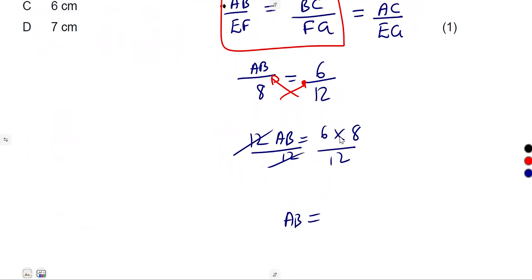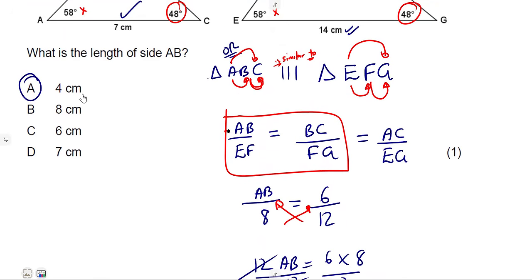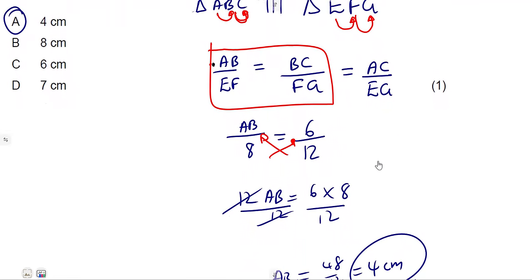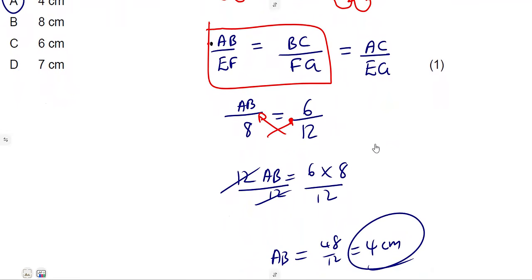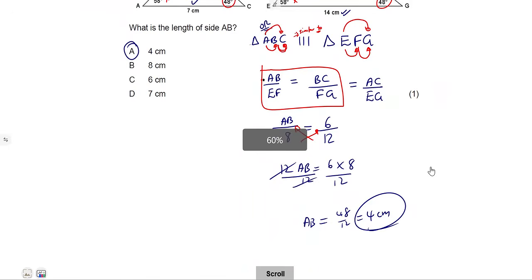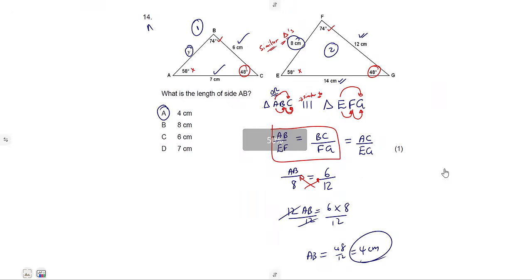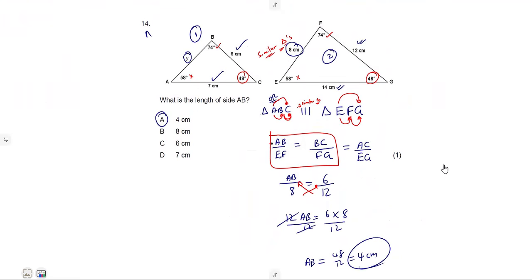So it was going to be 48 over 12, which is 4 centimeters. That's the length of the side AB. As you can see, guys, there are so many ways that you can use to answer these questions. Just apply it properly.